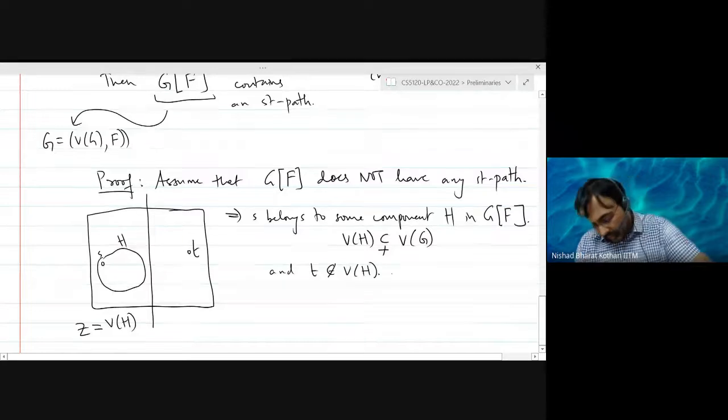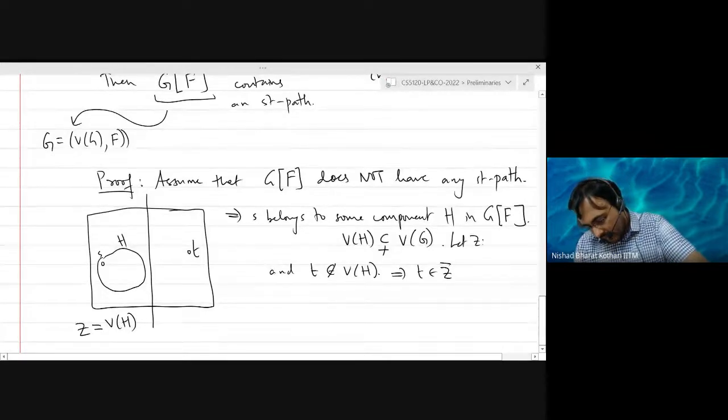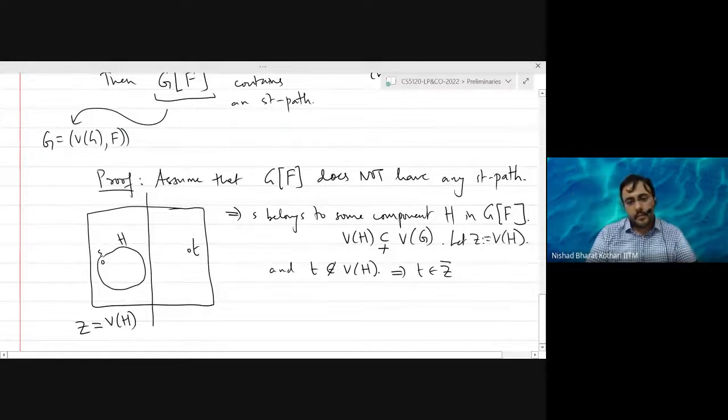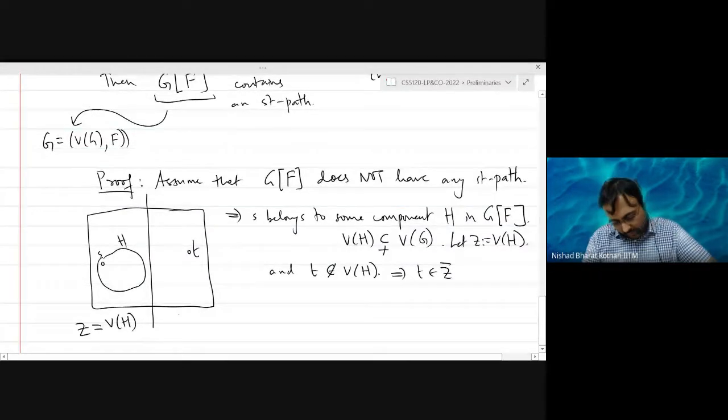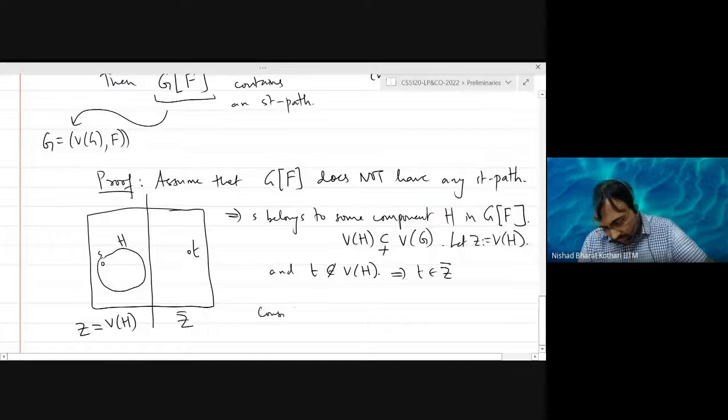Let Z be the vertex set of this component. In particular, T belongs to Z bar. Right? So T is on the other side. And now look at the cut corresponding to this component. Right? So consider partial of Z.